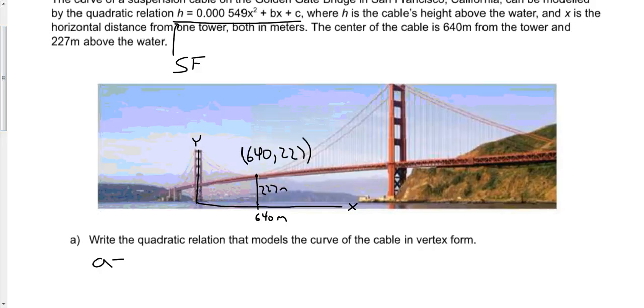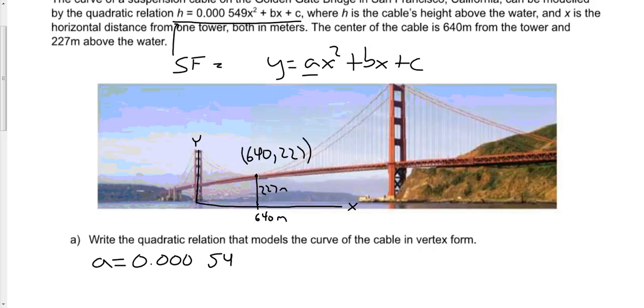In standard form, y is equal to a times x squared plus bx plus c. So we actually know our a value, it's right here, that decimal number, 0.000549. That's our a value.